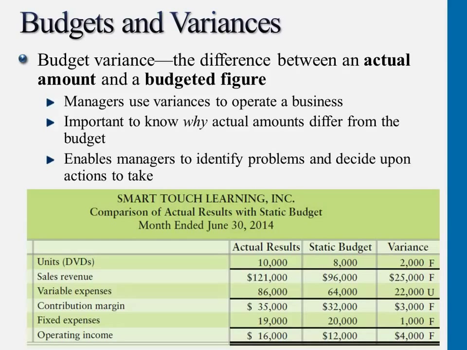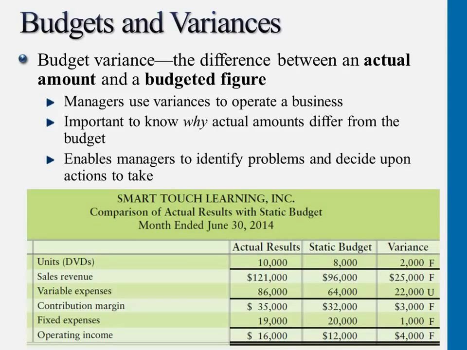And what about sales revenue? Because we have an additional 2,000 units sold, our sales revenue usually will be incrementally higher than what we budgeted. So we also have a difference, $25,000, as a favorable amount.